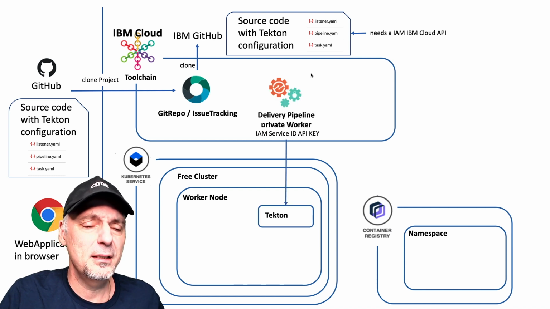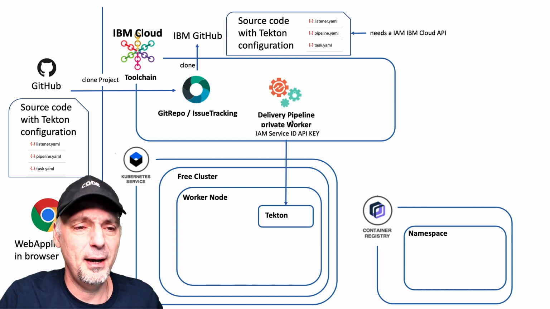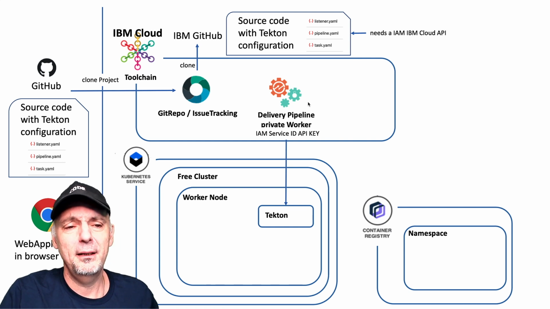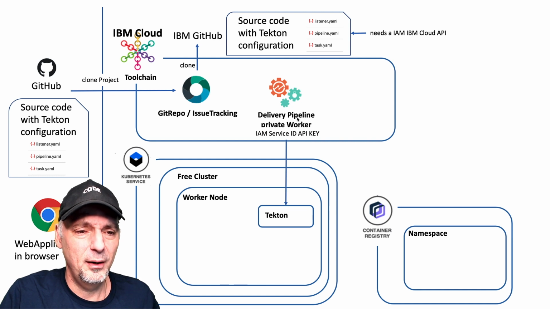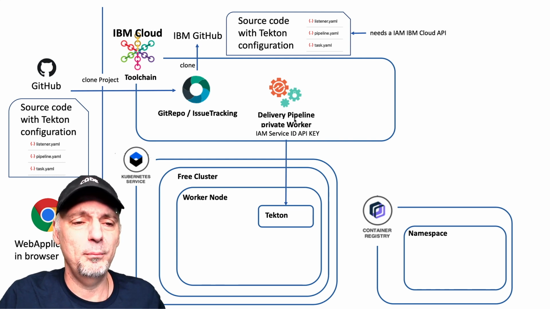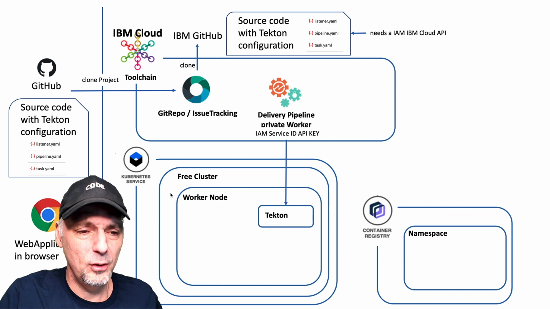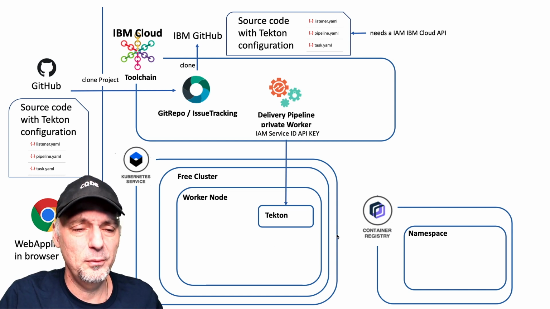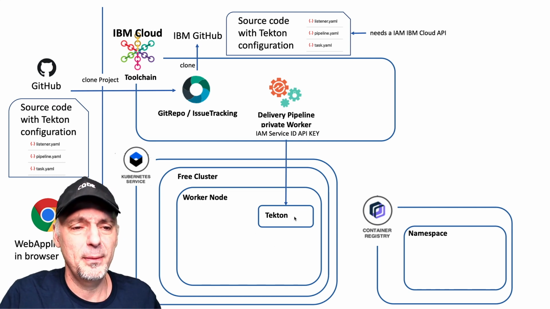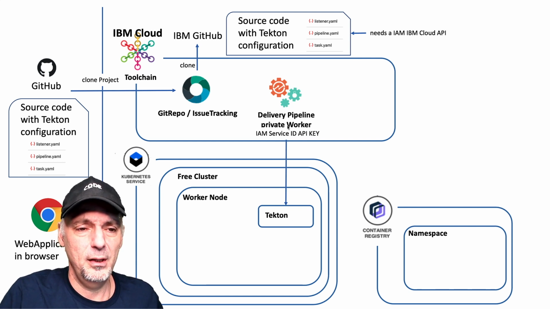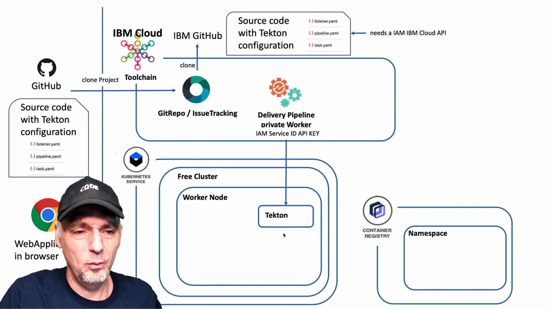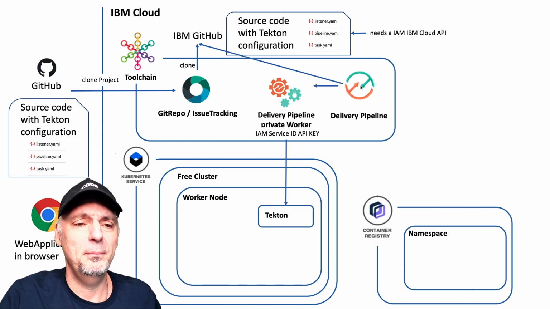And the next is we will create a delivery pipeline private worker. That means we will configure here where we want to run our Tekton pipeline. Therefore, we have here our free Kubernetes cluster with that worker node. Here we will install the needed Tekton functionality. So with that, we have the needed things to set up the delivery pipeline itself.